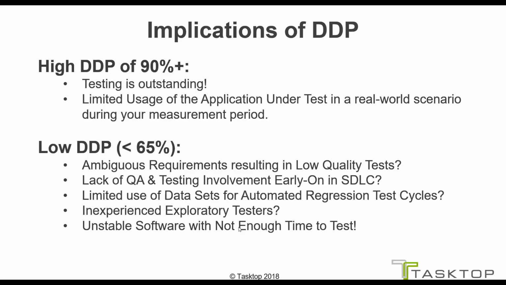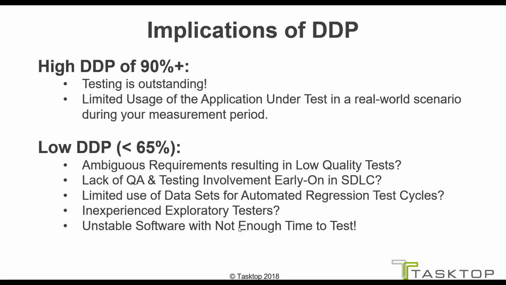On the flip side, with a DDP of less than 65%, this is what I call the reflection period. We have to ask ourselves a few questions about, hey, were the requirements too ambiguous to develop good quality tests? Was there a lack of QA and testing involvement early on in the software delivery lifecycle?